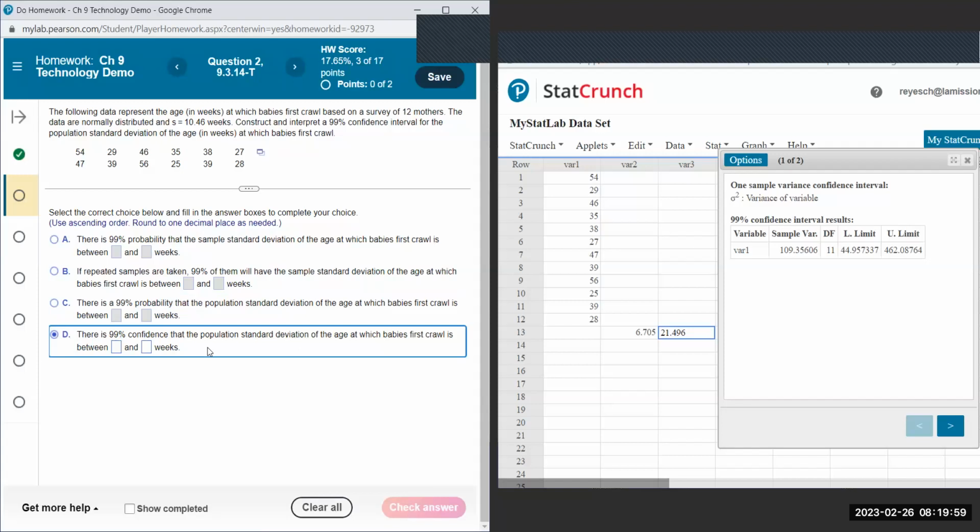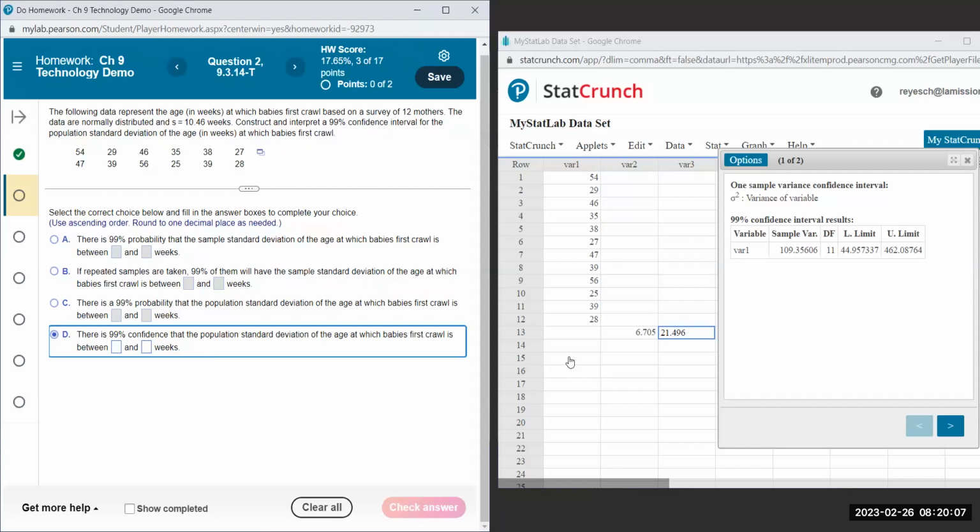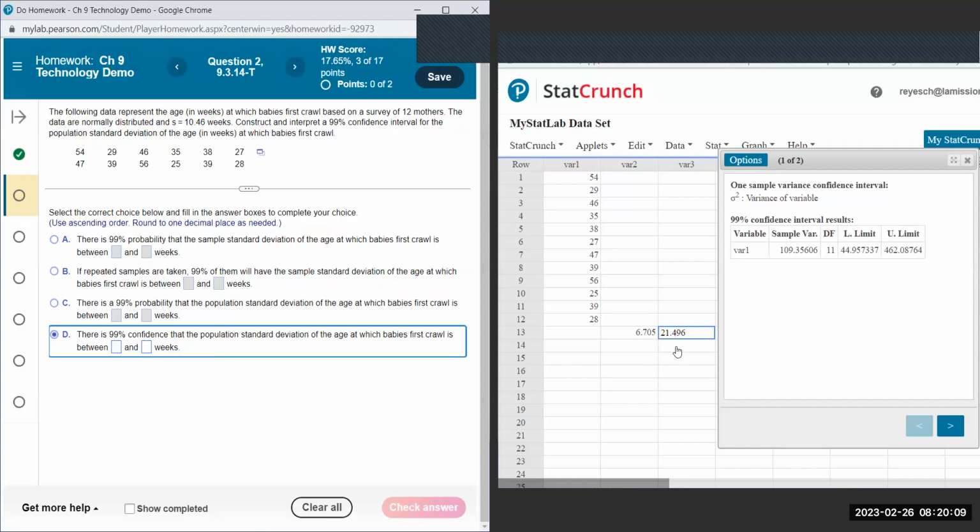So in this case, 99% confidence means that if you were to repeat this sampling 100 times and come up with 100 little intervals or windows that are telling us that the truth is in there, 99 times we would get windows that actually contain the true population standard deviation, and one time out of every 100 samples, we would be wrong.